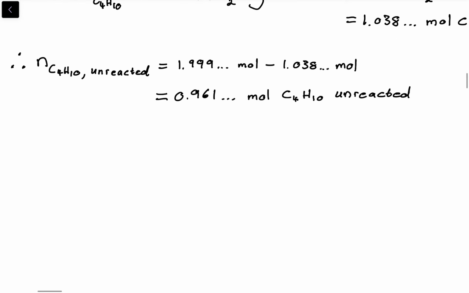Right, and from that we can get the mass. So therefore, the mass butane unreacted is equal to the number of moles. Okay, so number of moles butane unreacted multiplied by the molar mass of butane. So I'm just going to write molar mass of butane is, of course, 58.12 gram per mole.